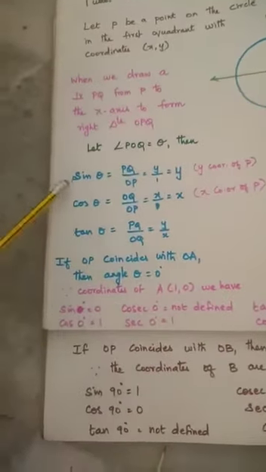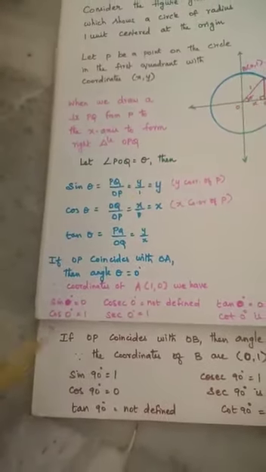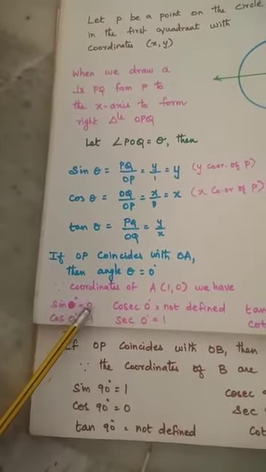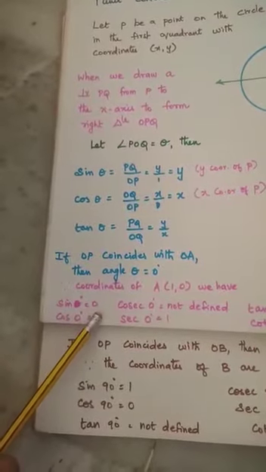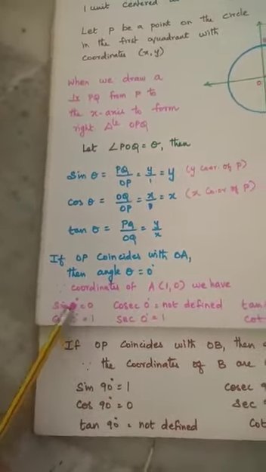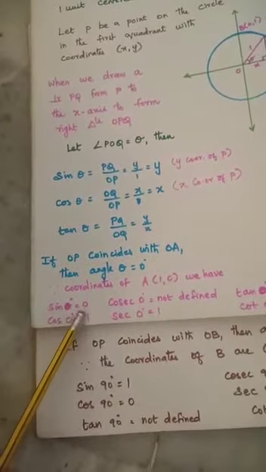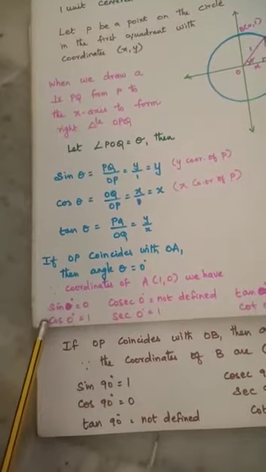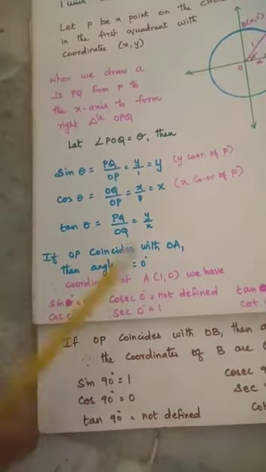Already we know that sin theta is equal to y. So sin 0 degree is equal to 0, because there won't be any y coordinate for that. Cos 0 degree is equal to the x coordinate.